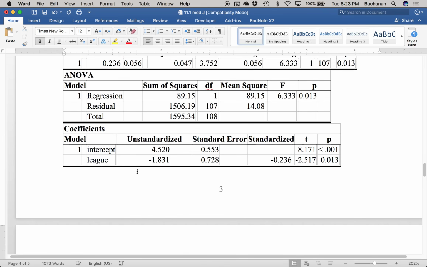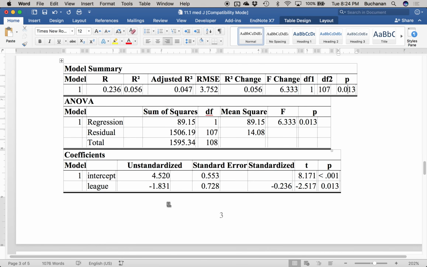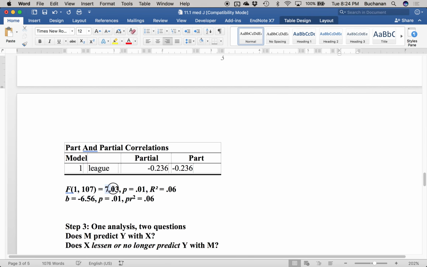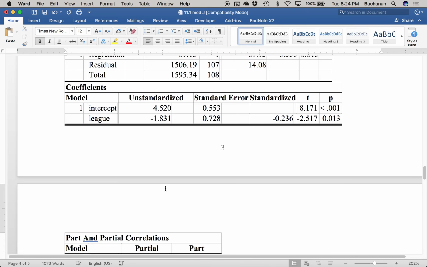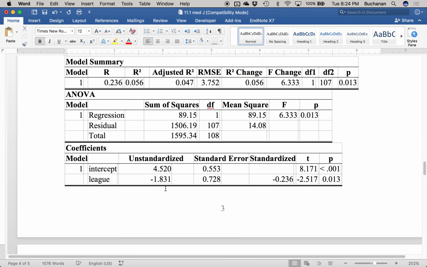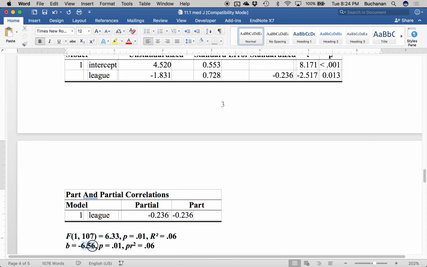Our F statistic here is 1 and 107. It's 6.33, and our p-value is 0.01, so it's significant. R squared for this analysis is 0.06 as well. And our B value is negative 0.83. Again, it's negative, the p-value is 0.01, and partial r squared is 0.24 squared, so 0.06.